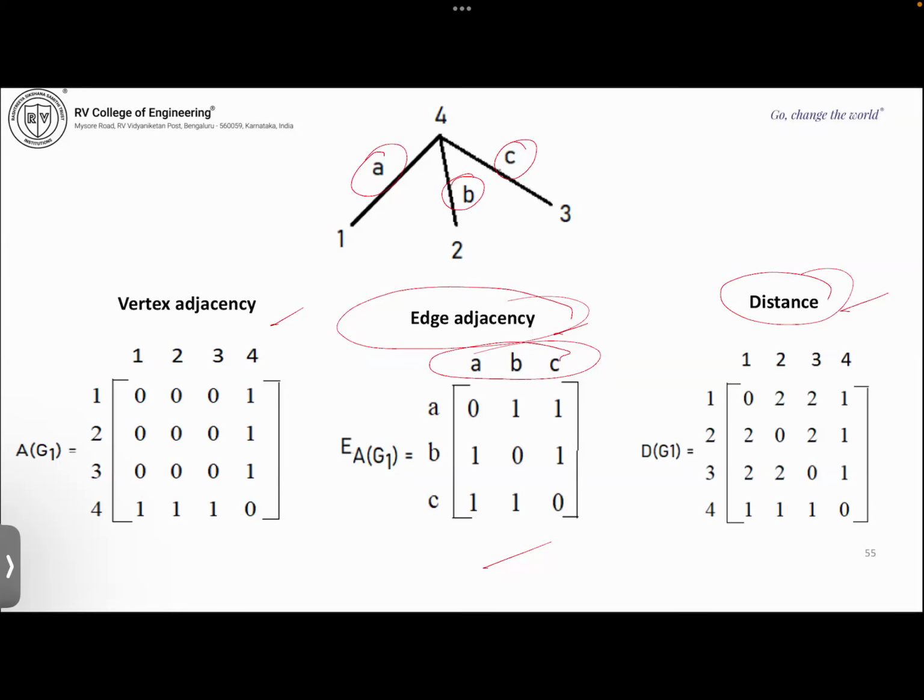And the distance among the 4 atoms. You can see here for the third atom, 3 and 1, it is 1 bond and 2 bonds. And 3 and 2, 1 bond and 2 bonds. Okay. So this represents how far these two atoms are separated.